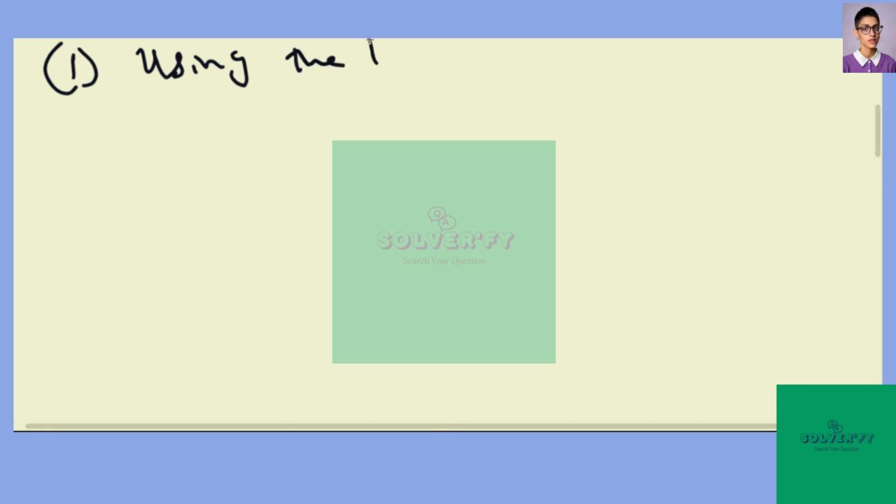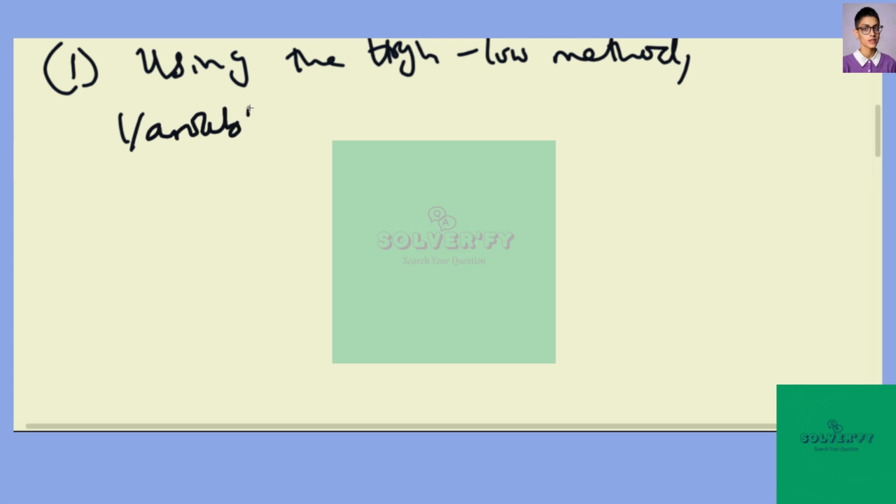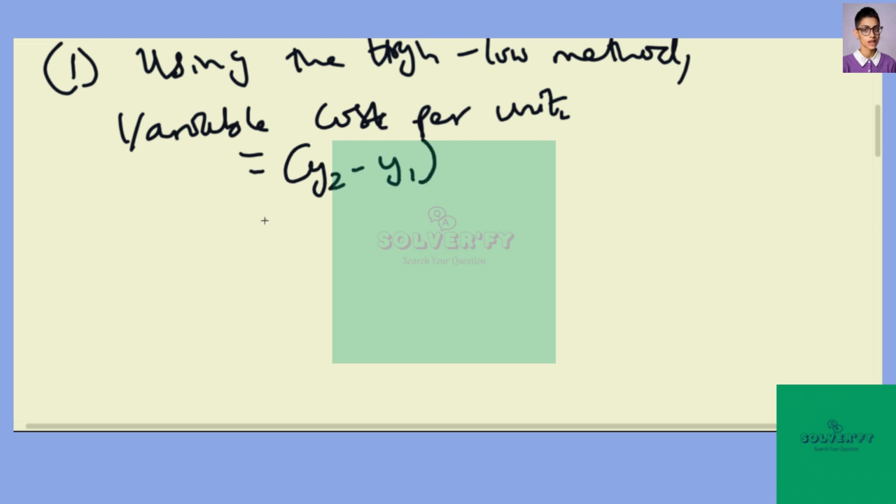So using the high-low method, we're to estimate the cost function for quarterly data. For this method, the variable cost per unit is equal to y2 minus y1 divided by x2 minus x1.